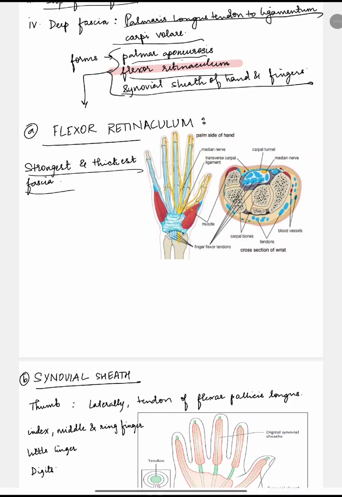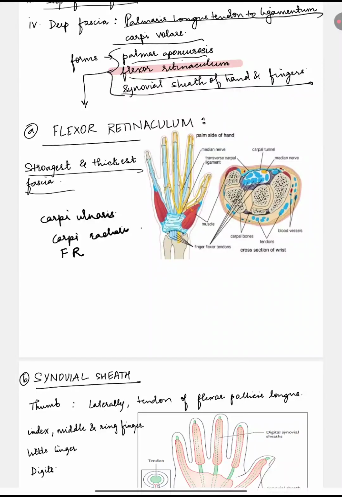Now, this flexor retinaculum is formed by the carpi ulnaris and carpi radialis.